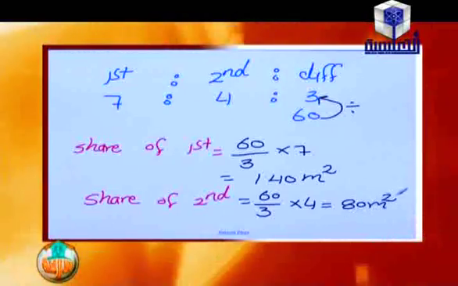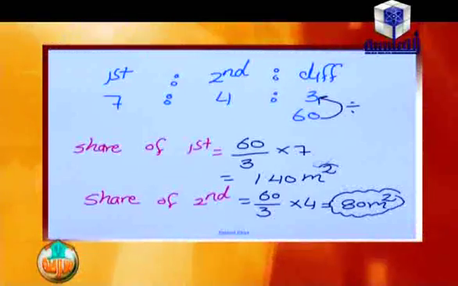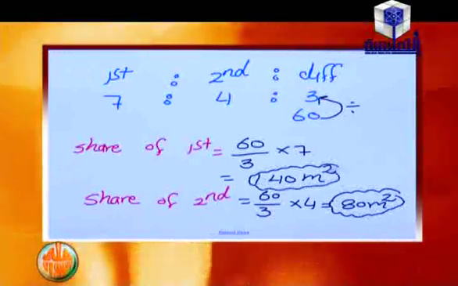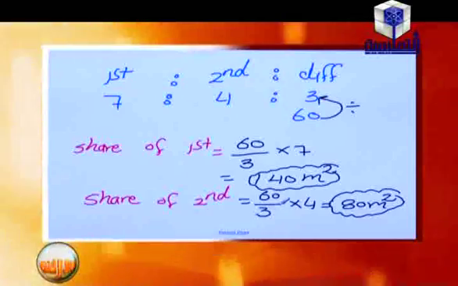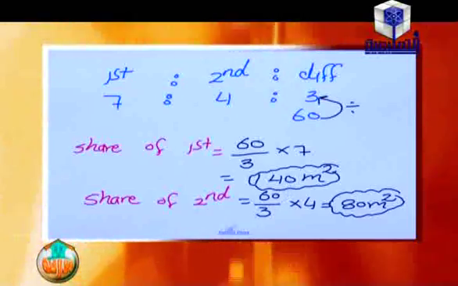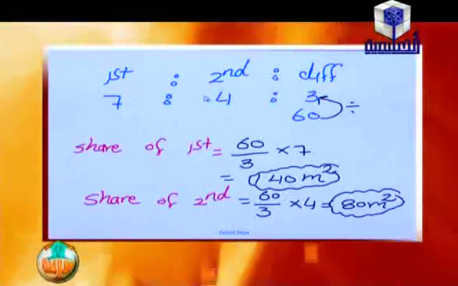So the share of the second, my dear students, is 80 meters squared, and the share of the first one is 140 meters squared. You ask about the total area of this land.